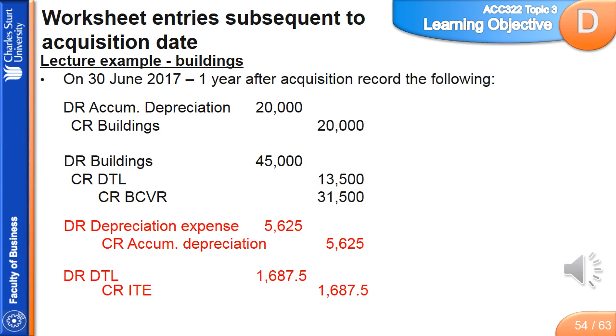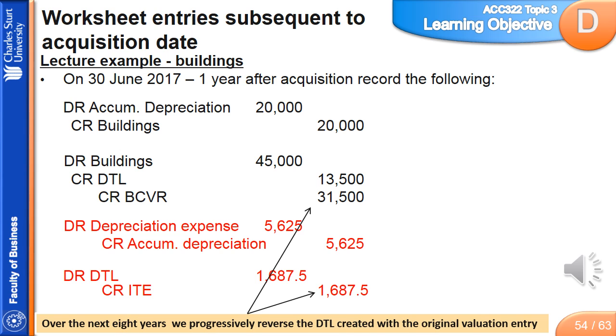So over the next 8 years, we'll progressively increase this deferred tax liability balance to account for the prior years, and that will reverse it. We'll also have to, I will look at the next slide, the retained earnings account will need to be involved in accounting for prior year profit and loss amounts.